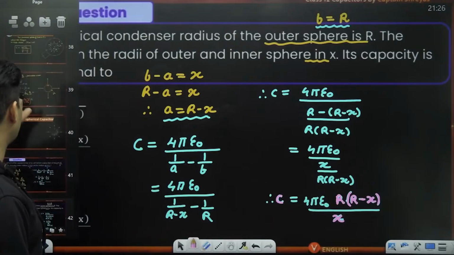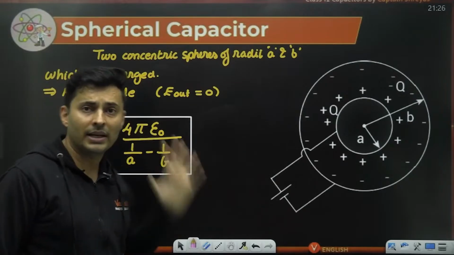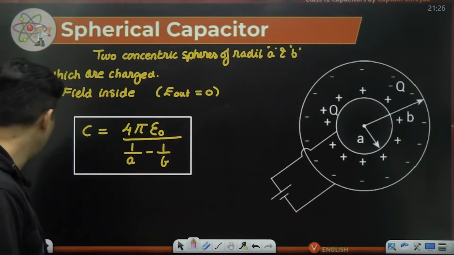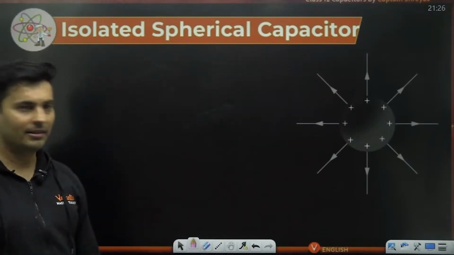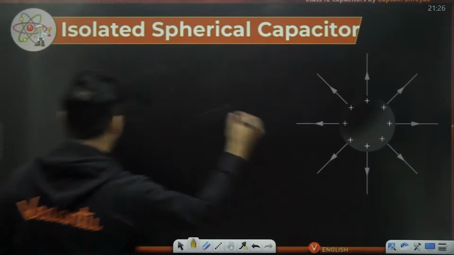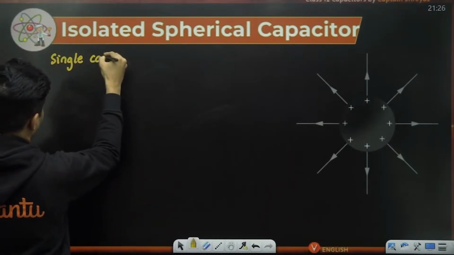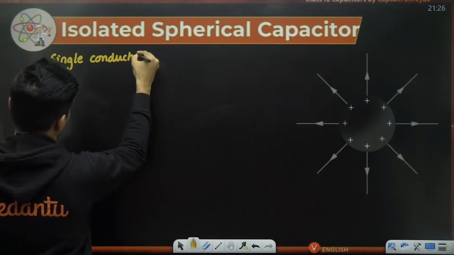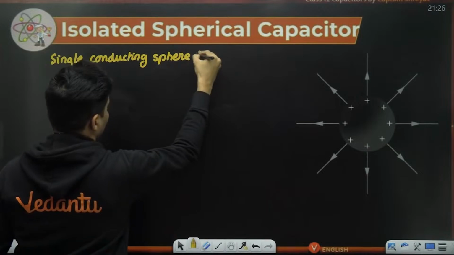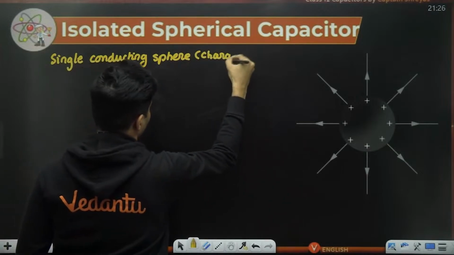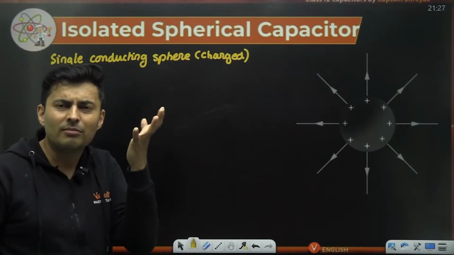Now, there is a special consideration of spherical type where the outer sphere does not exist. Only one shell is there. That is called an isolated spherical capacitor, where you have a single conducting sphere which is charged. One might then think, where is the outer shell?